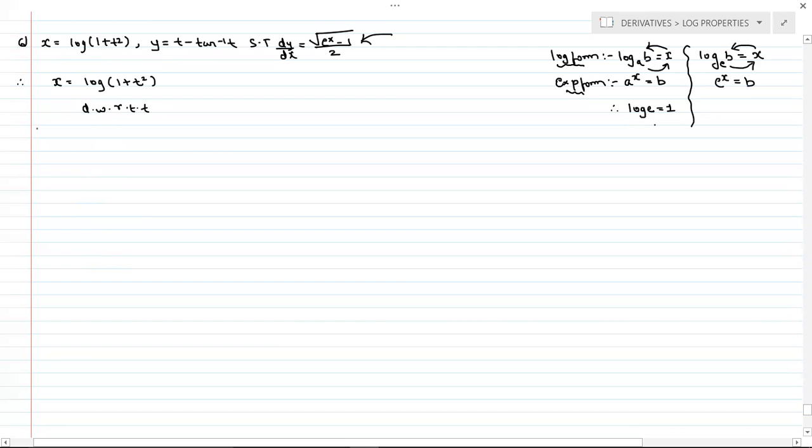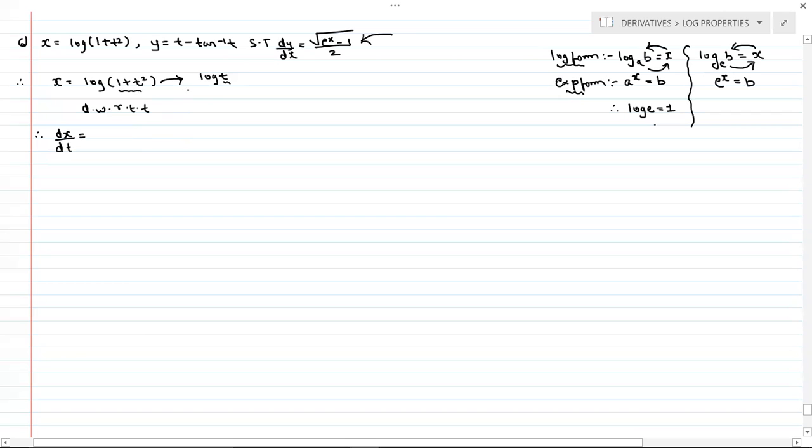So here you will get dx upon dt equals, this looks like log t, but t is replaced by some other term. As we are finding the derivative with respect to t, your t will act as x. Remember this.